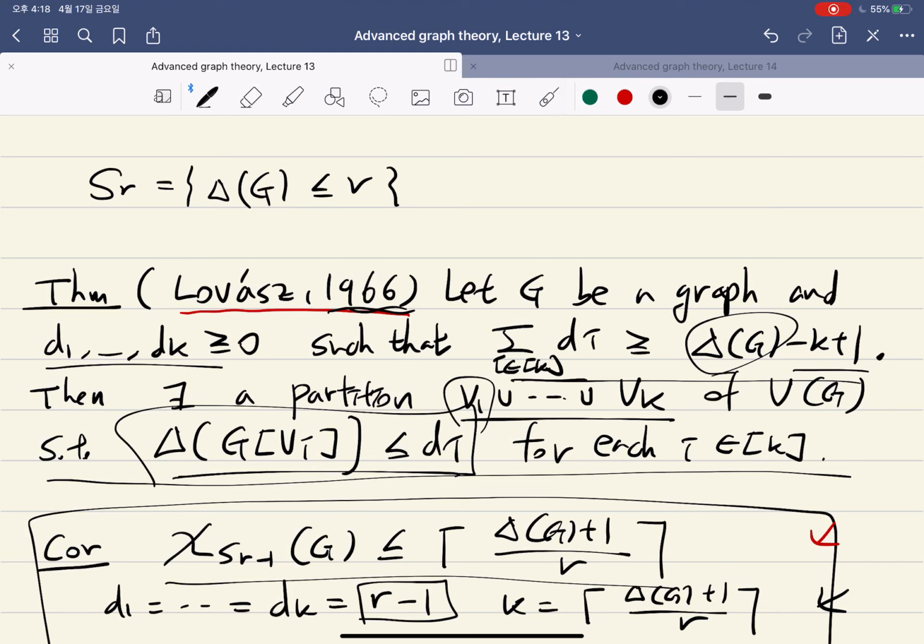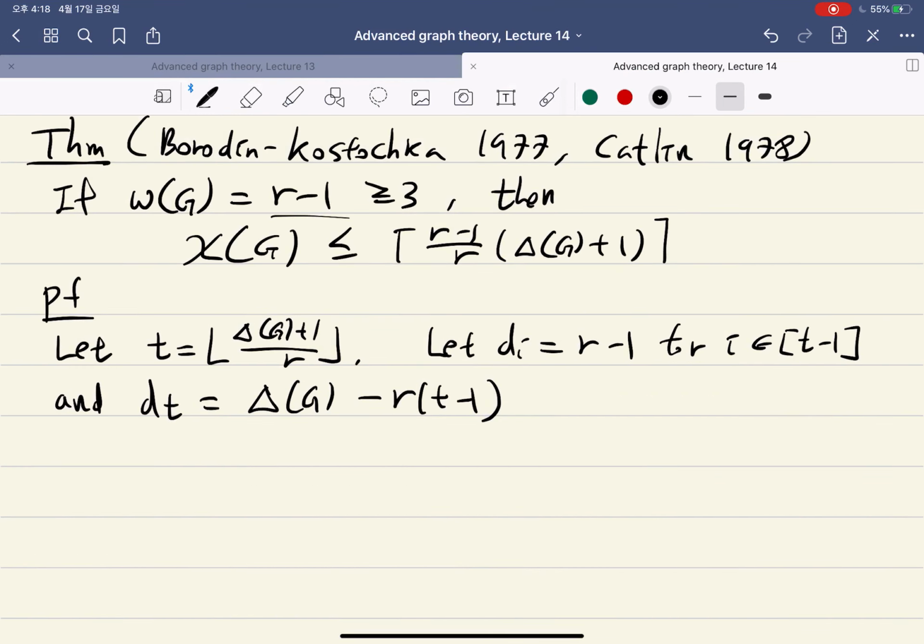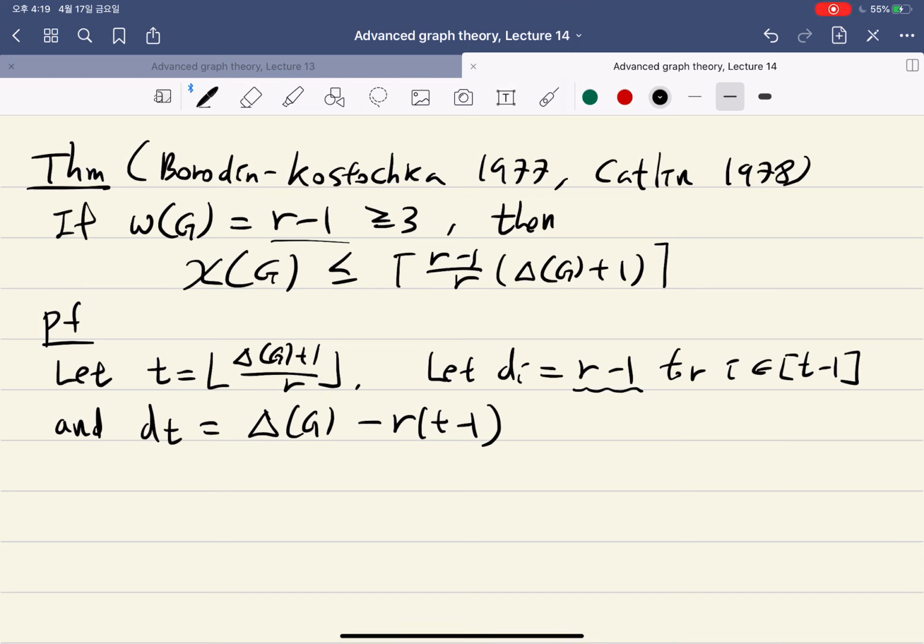So we want to find d_1 to d_k which are as even as possible, and all of them are smaller than or equal to r minus 1. So let's say all of them are smaller than r minus 1. And then, depending on the congruence class that delta belongs to, when congruent to r, we have the one last thing. So we know that this is at most r minus 1.